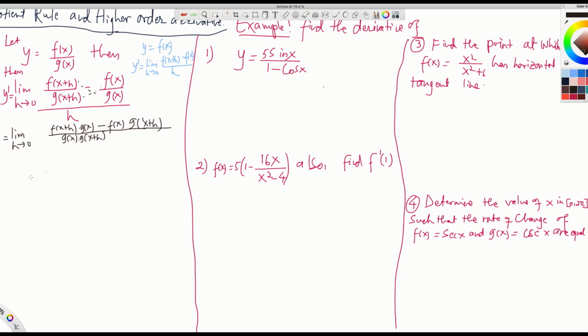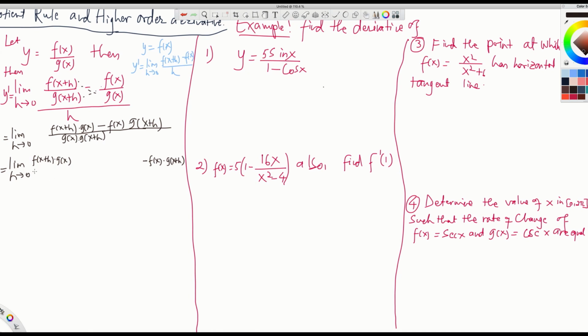Okay, so the next thing I want to do is use the trick that I used for the product rule, the similar thing. Limit h tends to 0, then what do you get? Let me write down the first one as it is, f of x plus h times g of x, and let me write down the last one as it is, f of x times g of x plus h. So there is a minus sign, right?